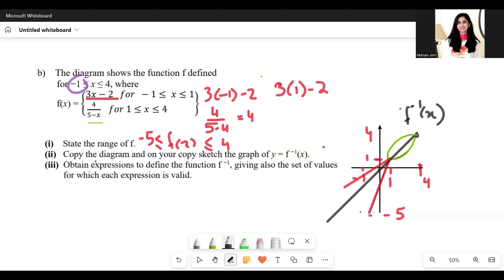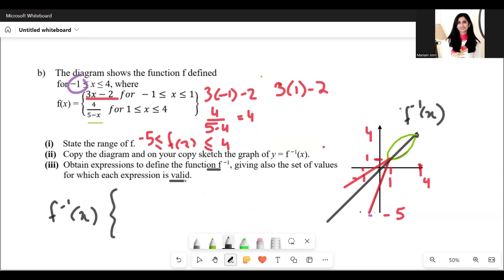Next up is obtain an expression for f inverse of x, giving also the set of values of x for which the expression is valid. Okay, so we find f inverse of x. I'm going to write it in the form we see here. So f inverse of x for 3x minus 2 is going to be (x plus 2) upon 3.